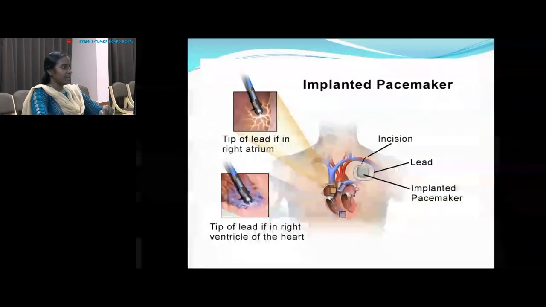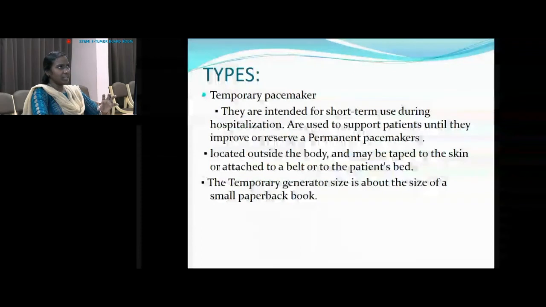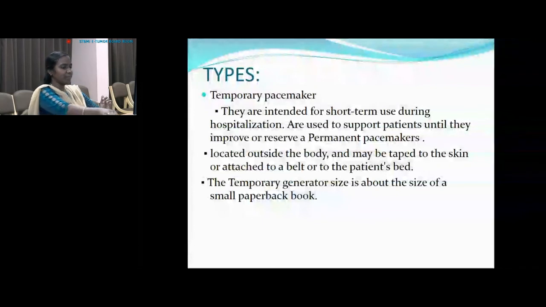And there are two types of pacemaker: temporary pacemaker and permanent pacemaker. Temporary pacemakers we are using for short-term use during hospitalization, mainly for 24 hours or a short period of time until the permanent pacemaker takes over the function, or sometimes after major cardiac surgeries, until the heart restores its function. The patient will be kept on a temporary pacemaker, which is located outside the body and may be taped to the skin or attached to the belt, or sometimes to the patient's bed also.